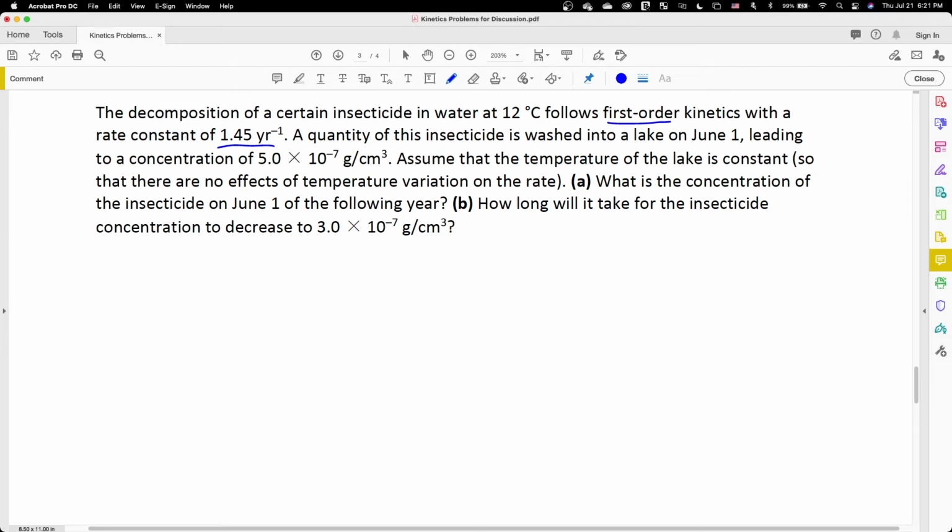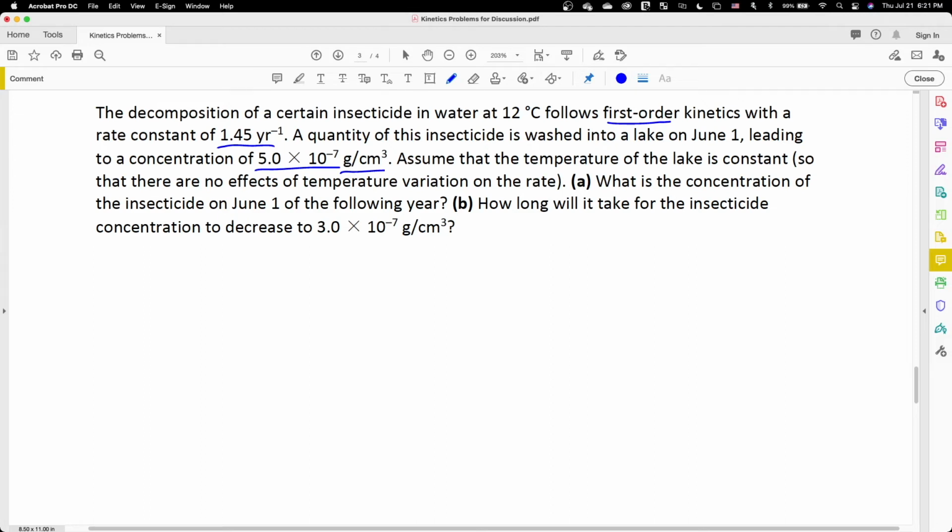That's great. A quantity of this insecticide is washed into a lake on June 1st, leading to a concentration of 5.0 times 10 to the negative 7 grams per milliliter, or grams per cubic centimeter.